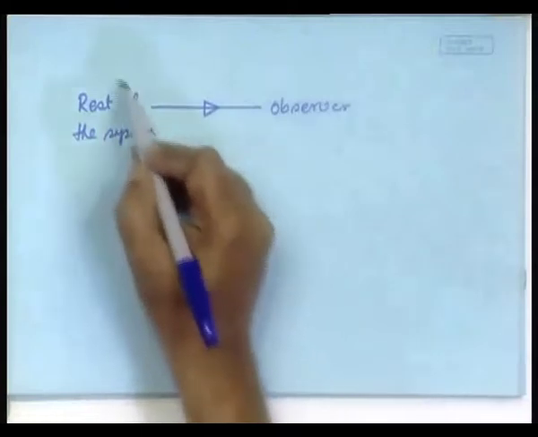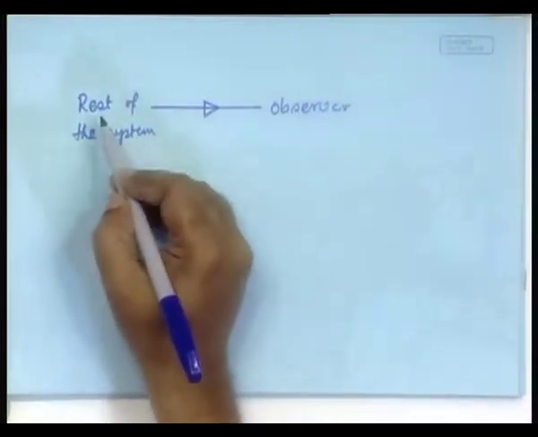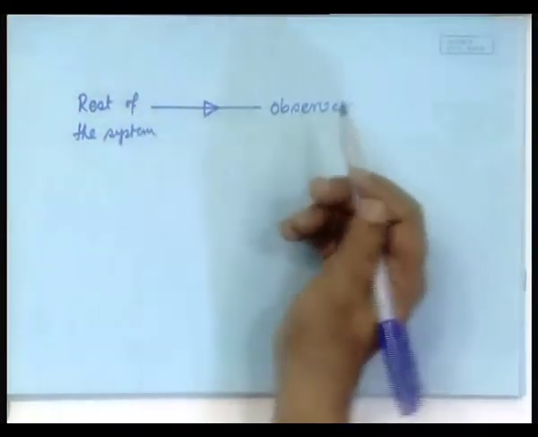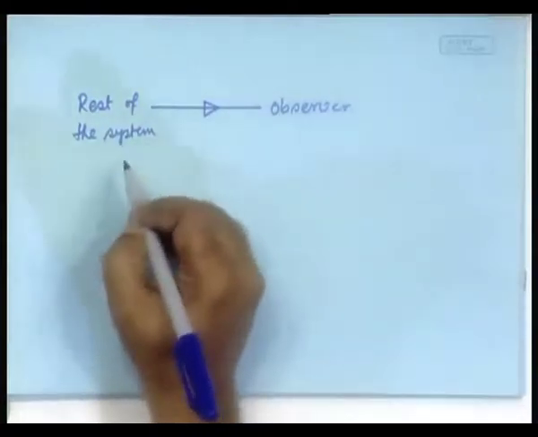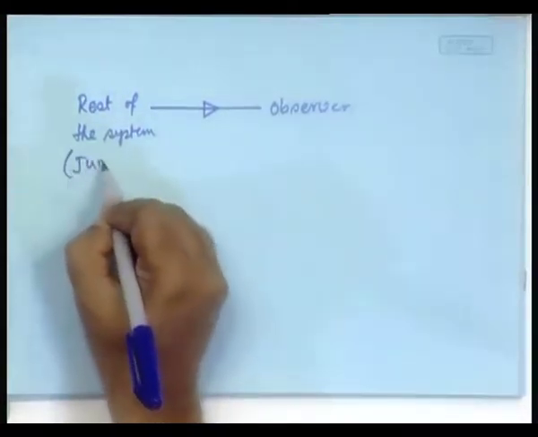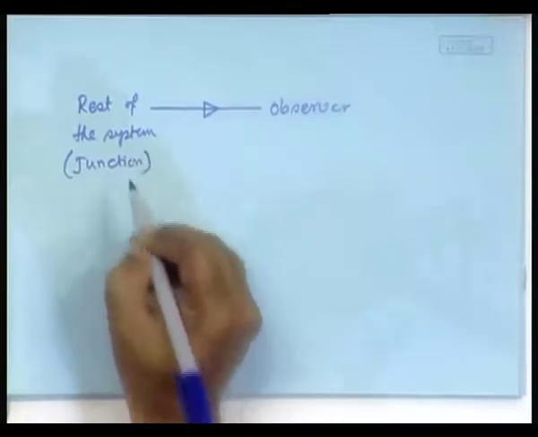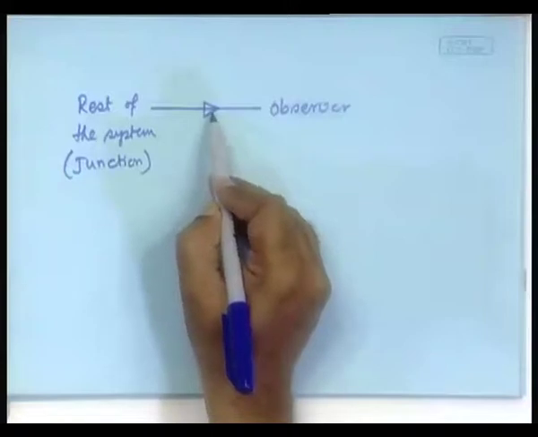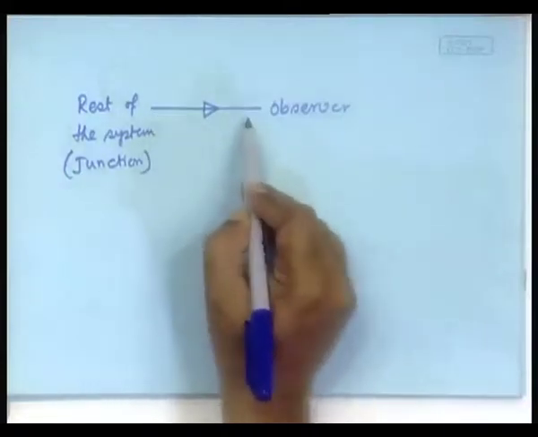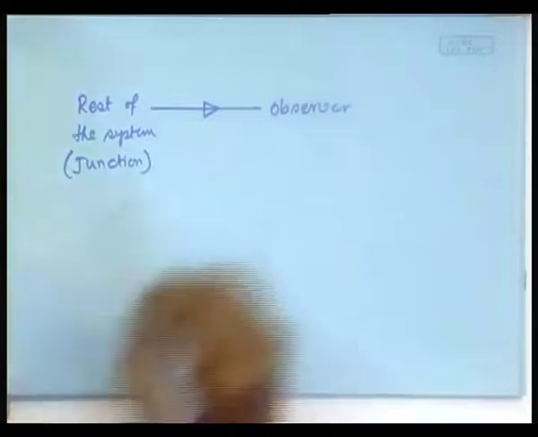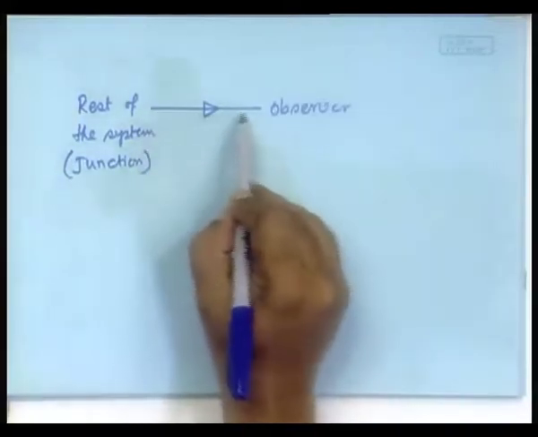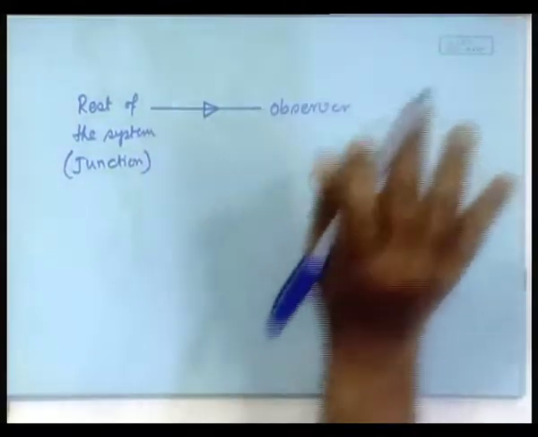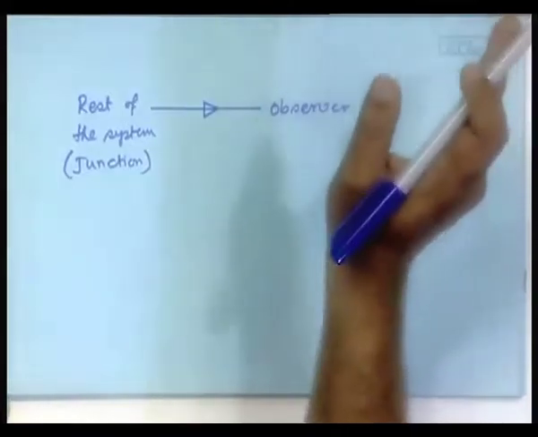Or you can say, in place of the rest of the system, it is a junction, because it is always connected to some kind of a junction. So, from a junction to an observer, it has to be activated. This is called an activated bond. Now, it is clear that it could be either carrying the information of the effort, masking the information of the flow, or it could be carrying the information of the flow, masking the information of the effort.